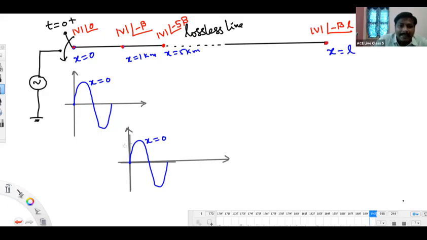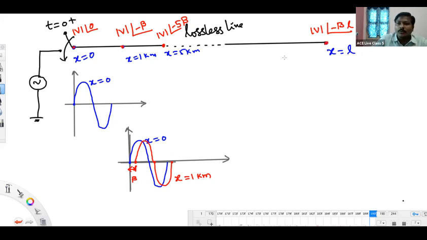It will be shifted by an angle of beta. So I will show it. First I copy the x equals 0 wave. The x equals 1 kilometer wave will be shifted by an angle of beta, so you get something like this, and this angle gap we can call beta.